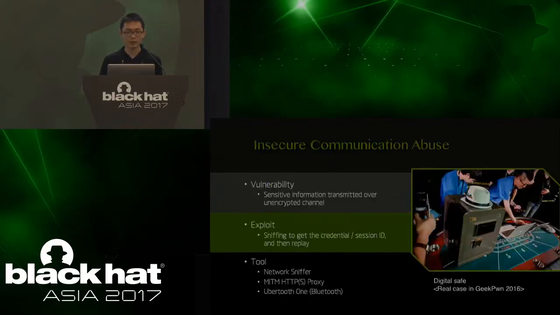Insecure communication abuse. Currently, considering computing resources and power consumption, many IoT devices don't use an encrypted channel. If sensitive information such as credentials is transmitted over it, that makes a vulnerability. To exploit such vulnerabilities, you only need sniffing to get information such as credentials and session ID, and then replay it.